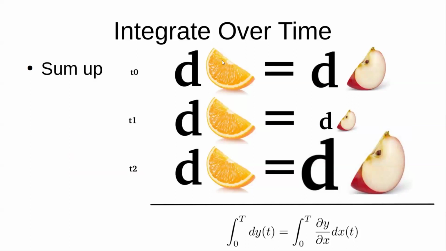And if we sum all these chunks of the orange, in mathematical terms, we integrate the differential of the option price. So integral of differential of orange is integral of differential of stock multiplied by the derivative of option with respect to stock. And what is this? This is precisely the orange.